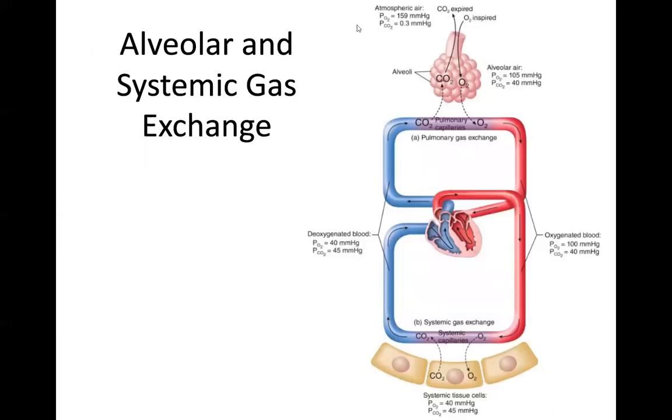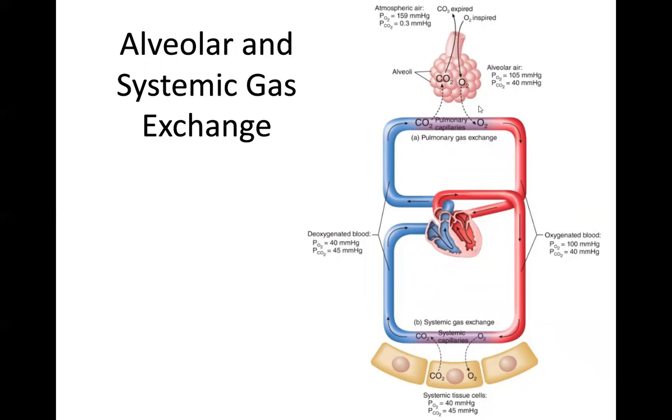Now, this is all dependent upon what the atmospheric pressure of oxygen is, because like I said, if we go to high altitude, PO2 is going to get lower, which therefore is going to make the alveolar PO2 go down, and thus there's less of a drive to get that oxygen into the blood.